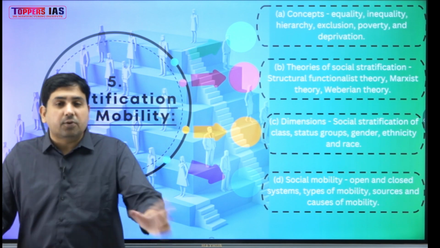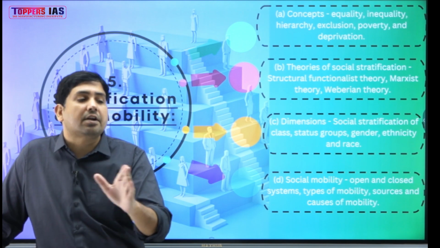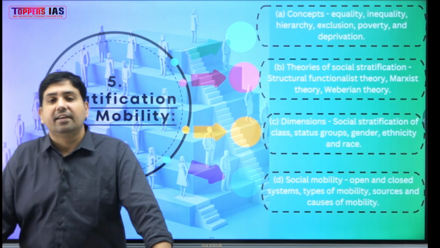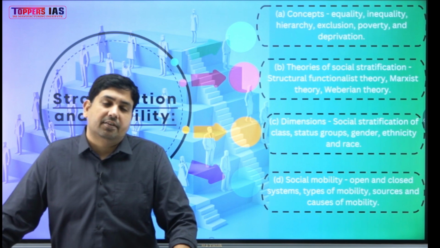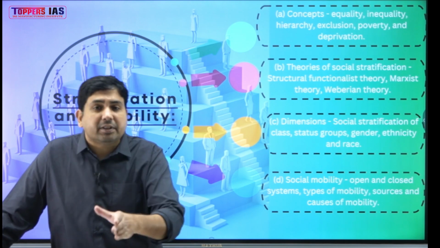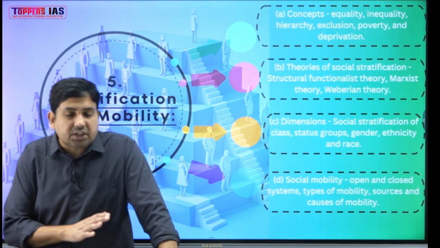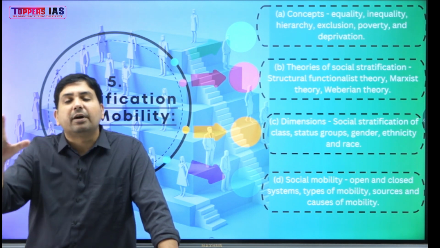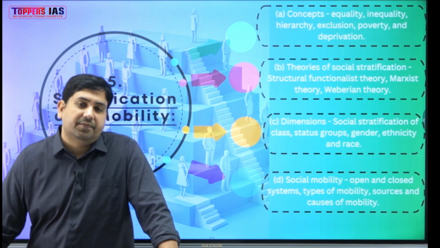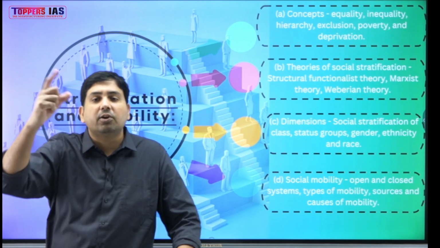Here a person's position is largely determined by birth, by the group in which he was born. For example, the traditional caste system in India, though it has changed significantly, was an example of a closed system. If you are born in a Sudra group, you cannot become a Brahmin.